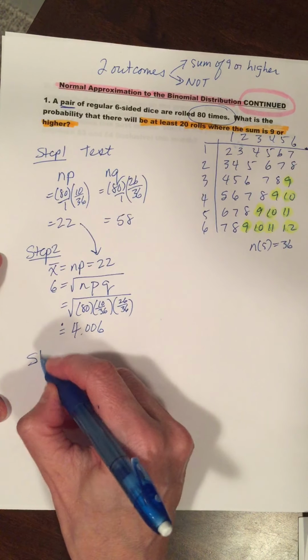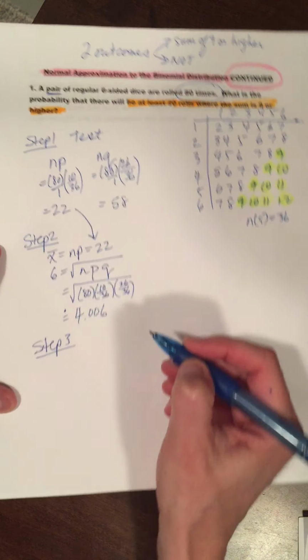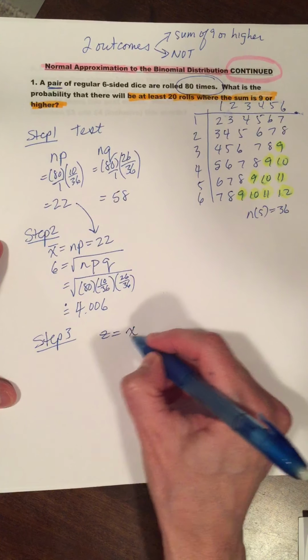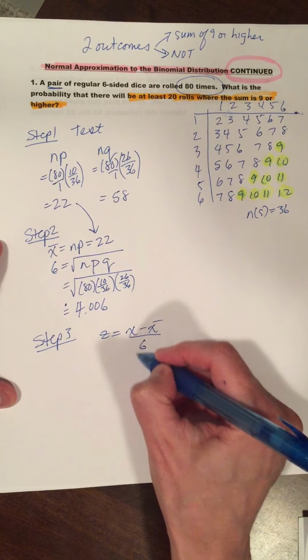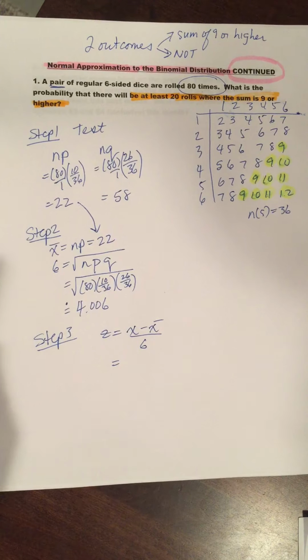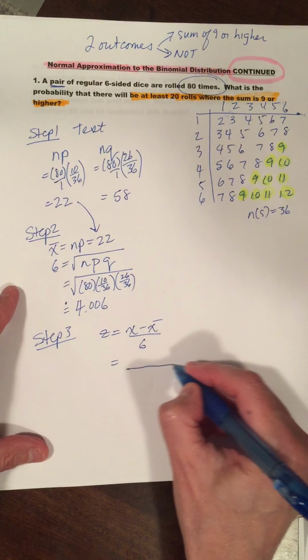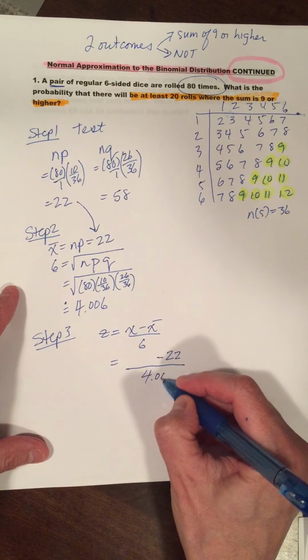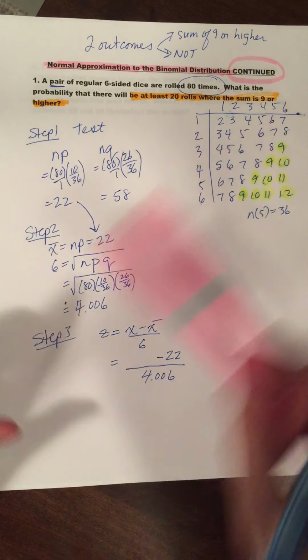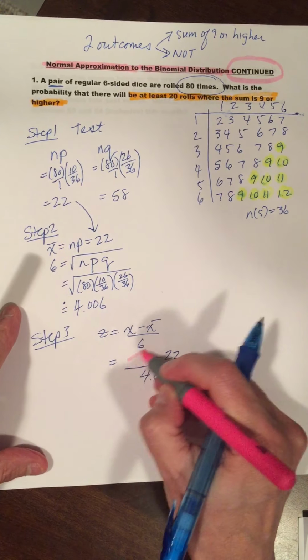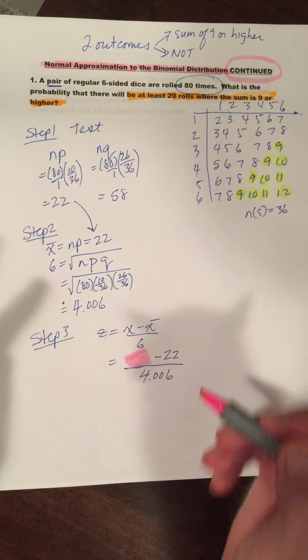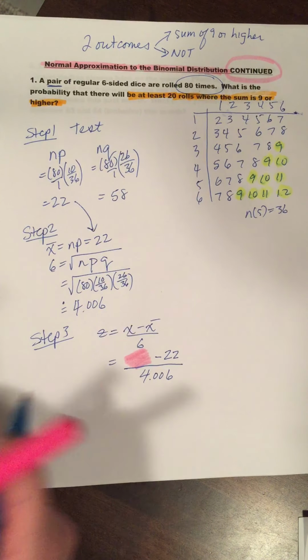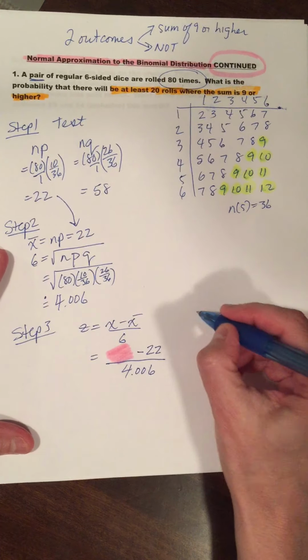Now, step 3 is when we actually get the normal approximation involved in this whole process. So my mean is 22. My standard dev is 4.006. And your big question mark of what you fill in is that hot pink area.